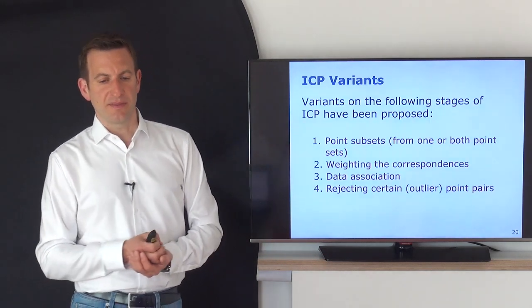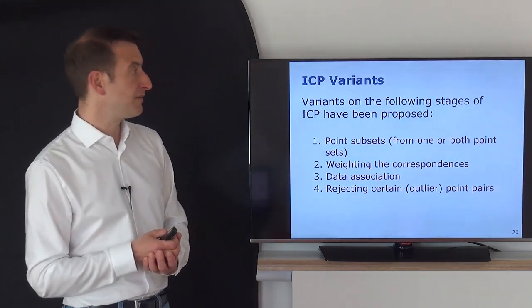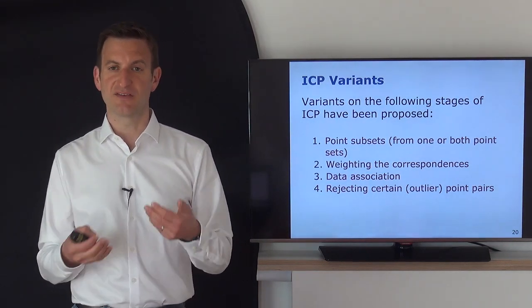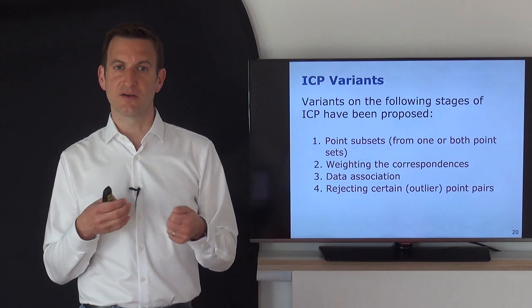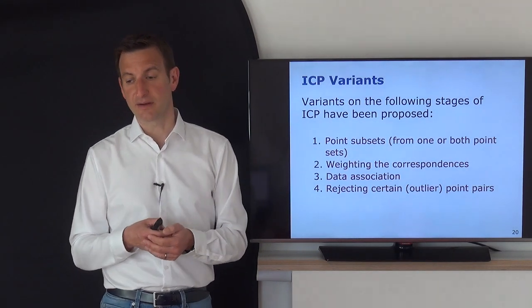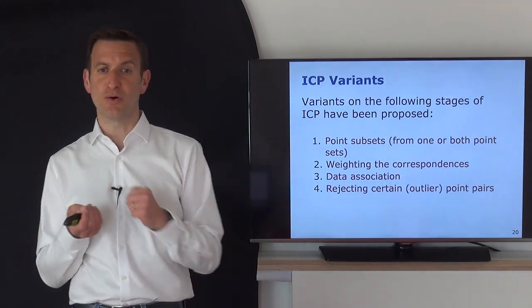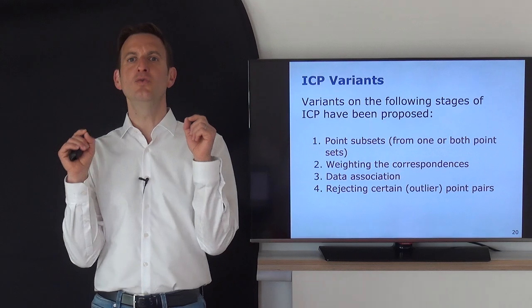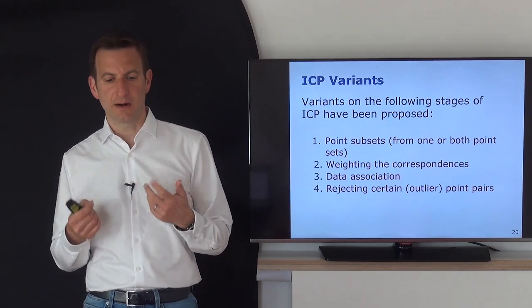You should, however, note that there is a large set of variants of ICP, because the variance mainly comes from how the correspondence looks like and how I compute my error function. So the error function we have shown was a point-to-point error function. So we're basically computing the distances between 2 corresponding points. There are alternatives to this.